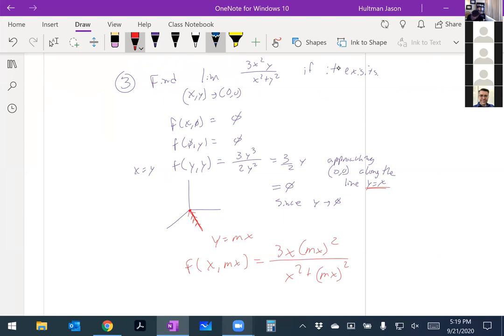So what's this going to become? This is going to become 3m squared x squared over m squared x squared. So I'm going to factor out the m squared. This is going to be m squared plus 1 times x squared.